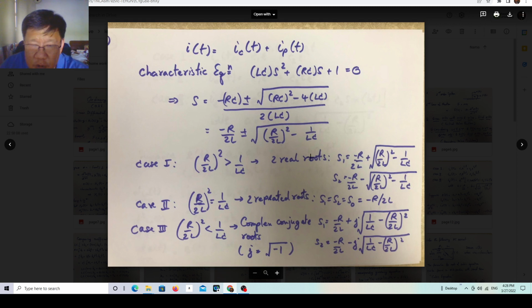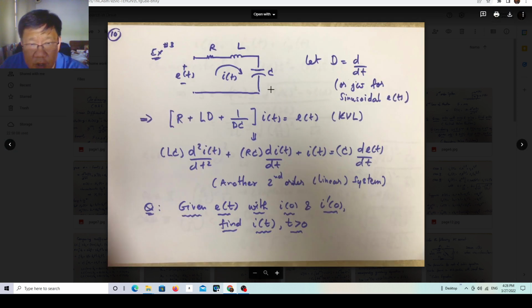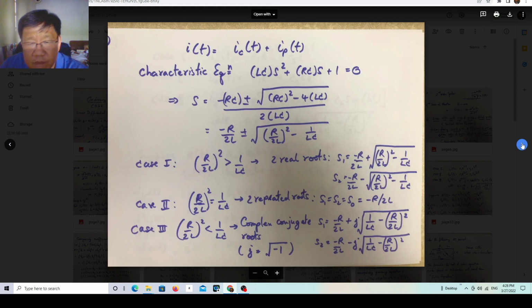So there are two roots here depending on R, L, and C according to the parameters of the problem. In this case there are three possible cases that can happen here. The first case is that if R divided by 2L, all squared, is greater than 1 over LC, in this case you have a positive value within the root.